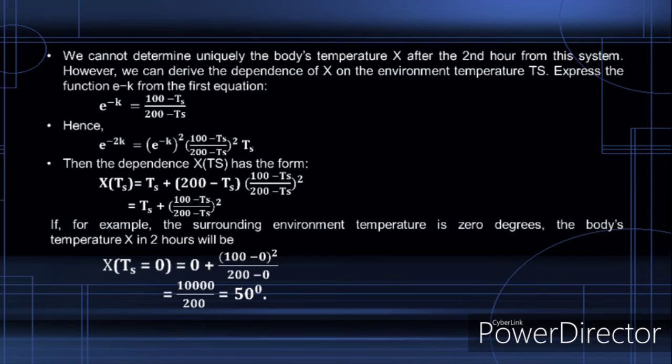So we have 50 degrees. So 10,000 over 200 is equal to 50 degrees. Therefore, if the environment temperature is 0 degrees, the body's temperature x in 2 hours will be 50 degrees.